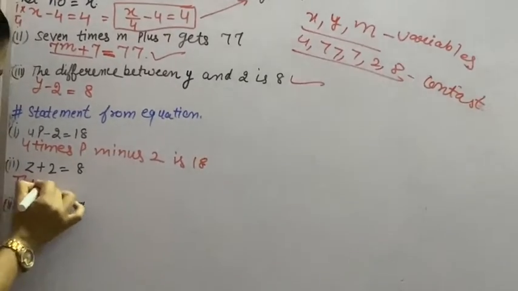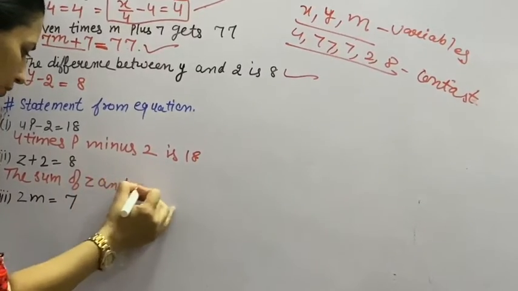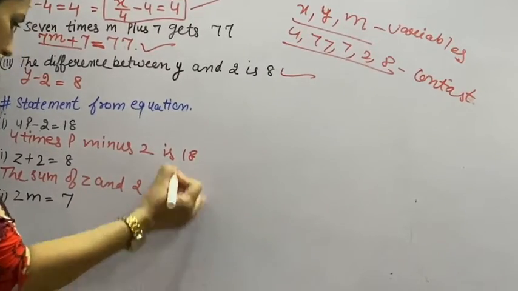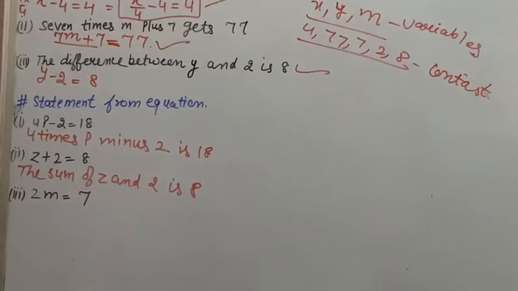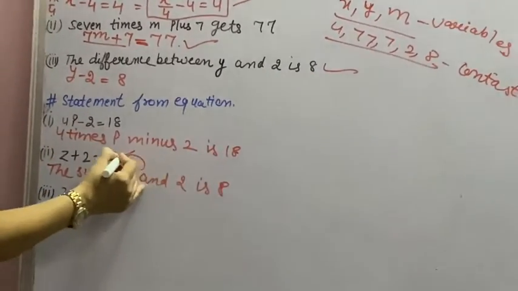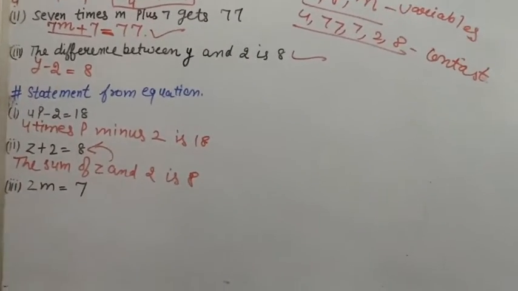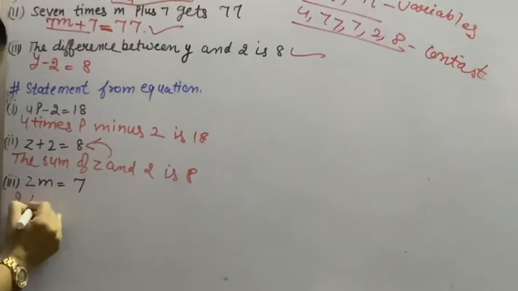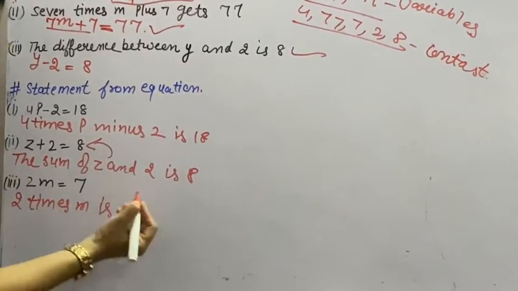Second is z plus 2 is equal to 8. The sum of z and 2 is 8. This is the statement from this equation. Third one is 2m is equal to 7. That means 2 times m is 7.